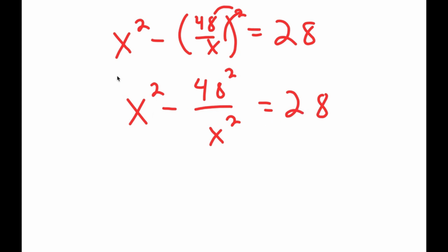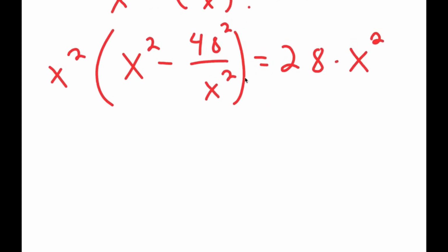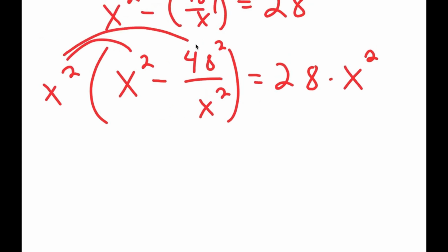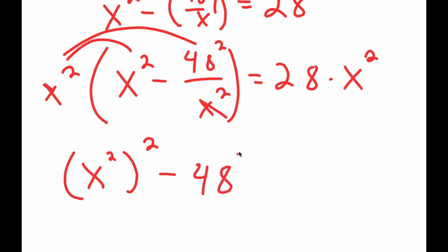Now I'm going to multiply both sides by x squared. For my left-hand side, I have to distribute the x squared. x squared times x squared is x squared squared, or (x squared) to the power of 2. Now I have this minus 48 squared over x squared times x squared. These two x squared cancel out, so I just get 48 squared.